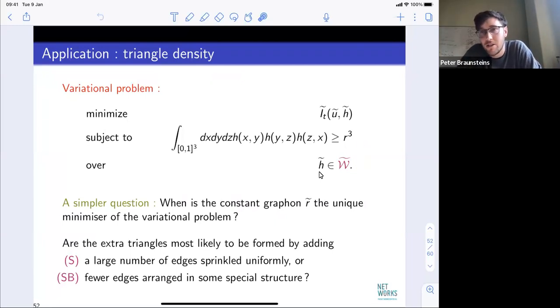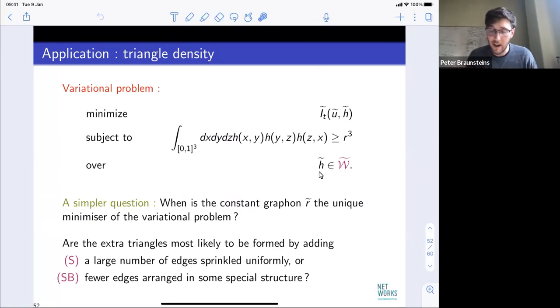We couldn't solve this variational problem. What we could do is answer when it is optimal to put in the constant graph on R. That's as well as we can do. We can't tell you what the graph looks like when you're in the symmetry breaking regime. But even that took a lot of trouble to get to that point.